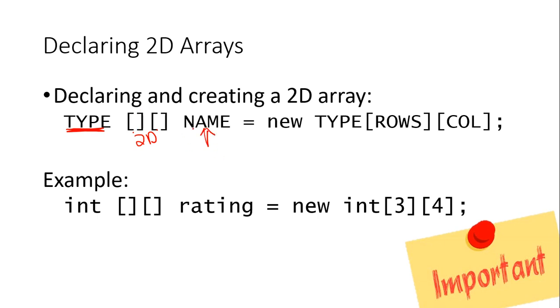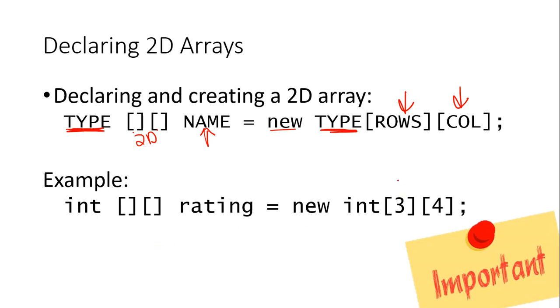Then the name of your 2D array, and then new, whatever type again, and this is where you identify the number of rows and the number of columns you want. So here's my example: int[][] rating = new int[3][4].